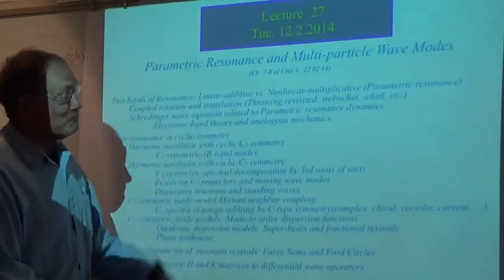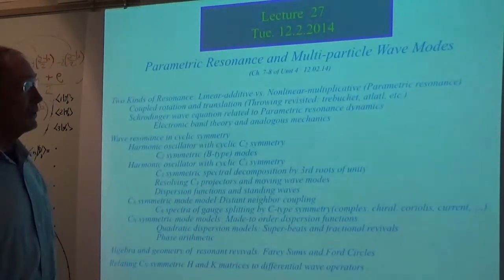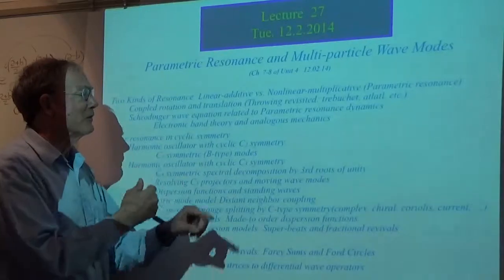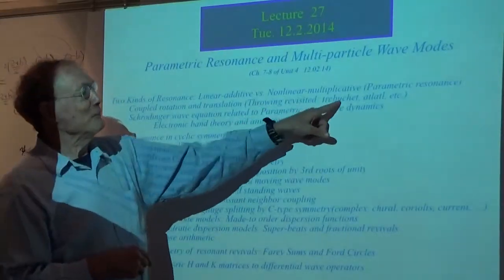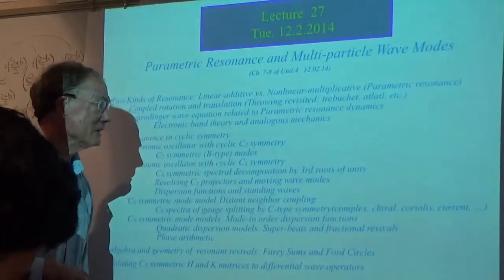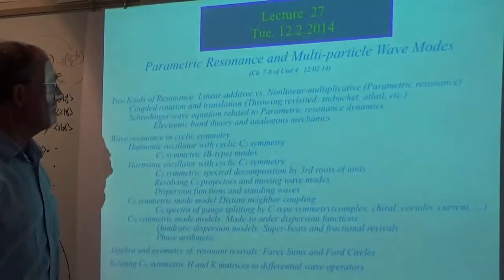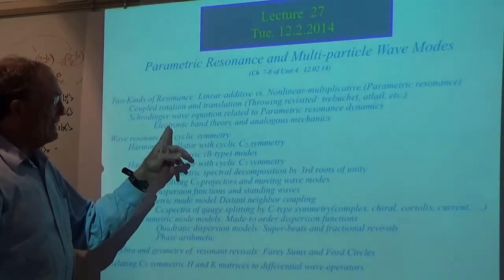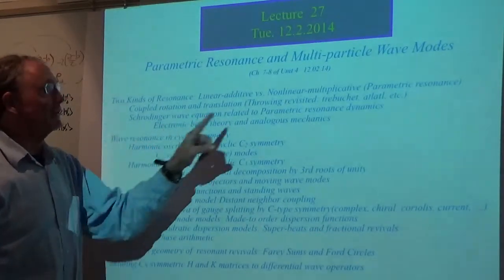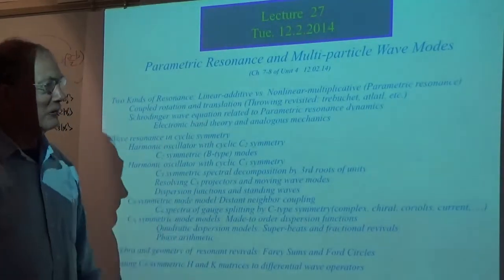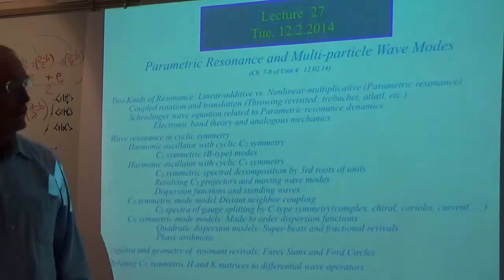We're going to spend a good part of the class on that. It's going to tie a lot of things together: quantum mechanics, classical mechanics, the trebuchet, the atlatl, and a few other things that like to throw things fast. You wouldn't think quantum mechanics and band theory have anything to do with these ancient mechanisms, but I'll show you that they're quite analogous in certain situations.